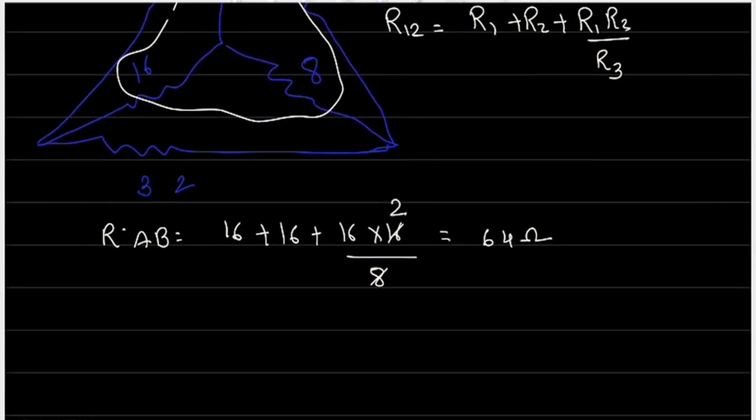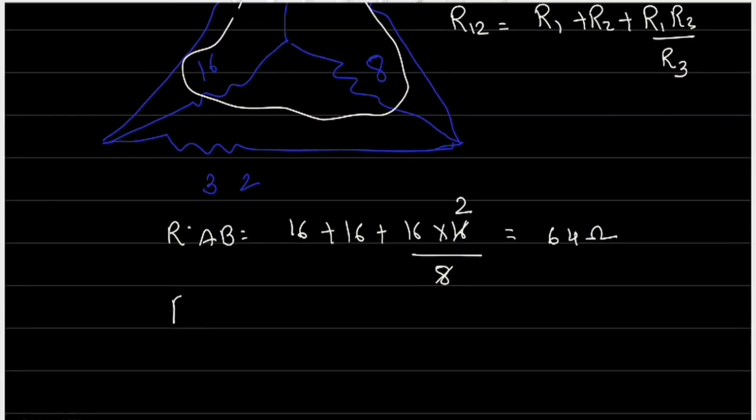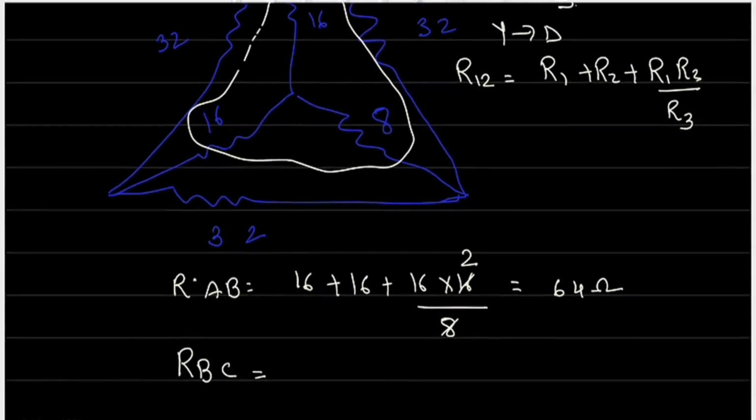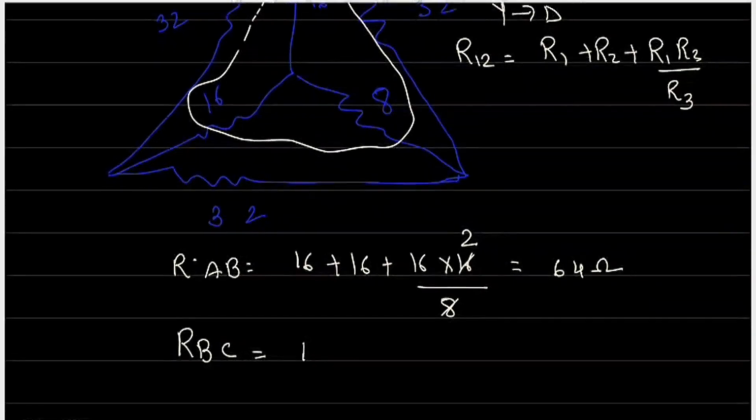Next, same way, RBC equals 16 plus 8 plus 16 into 8 divided by 16, which will give me the result 32 ohm.